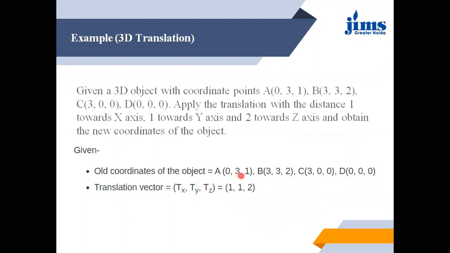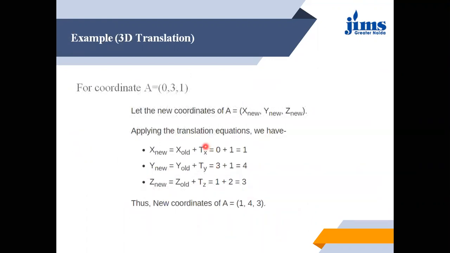This is 0, 3, 1. The original values were 0, 3, 1, and we have to make the translation of 1 on the x-axis, 1 on the y-axis, and 2 on the z-axis. So 0, 3, and 1 are the original values of x old, y old, and z old.